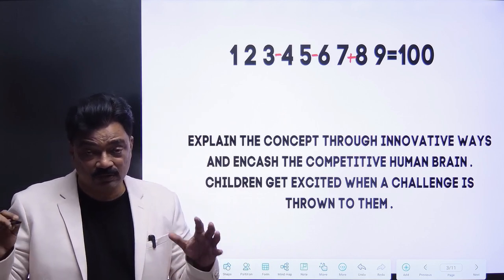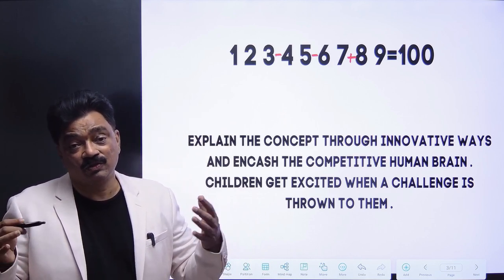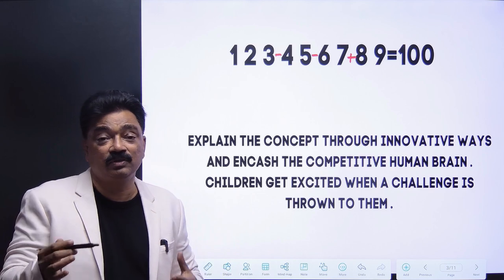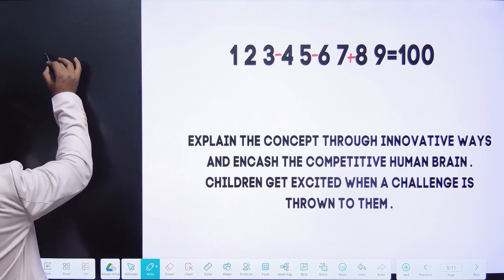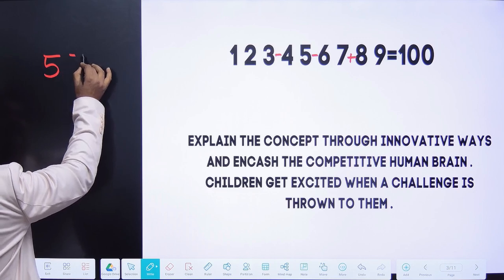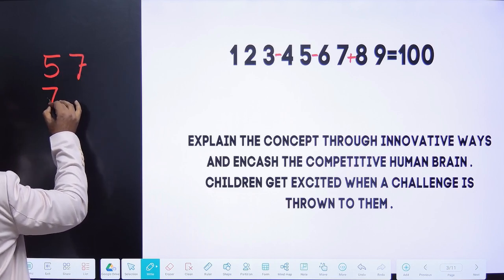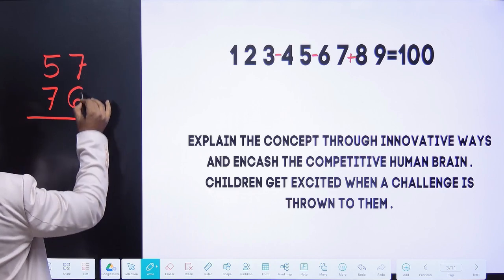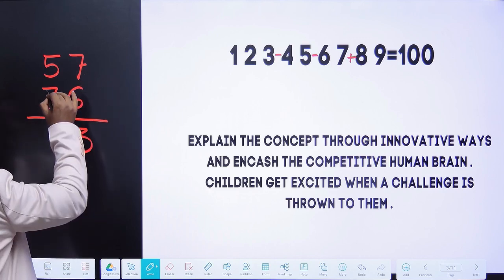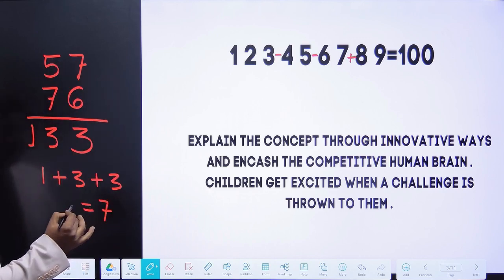Trust me, even the simplest of additions of standard 1, 2 and 3 may have something hidden which is new for the children. For example, correcting addition through addition. Suppose I put any number over here, and then I add 7 and 6 is 13, and 5, simple addition.